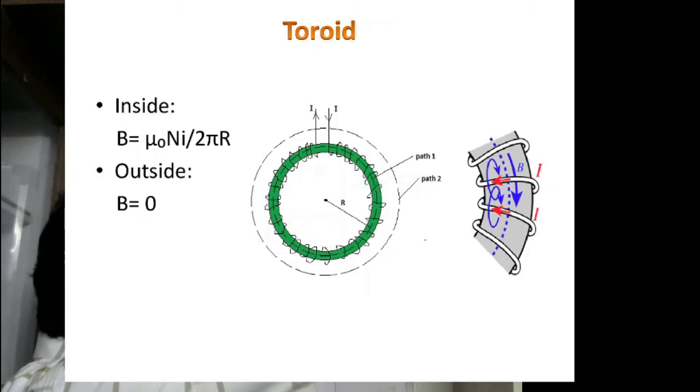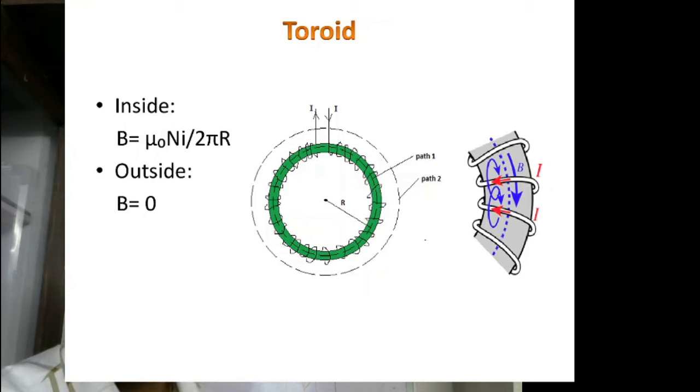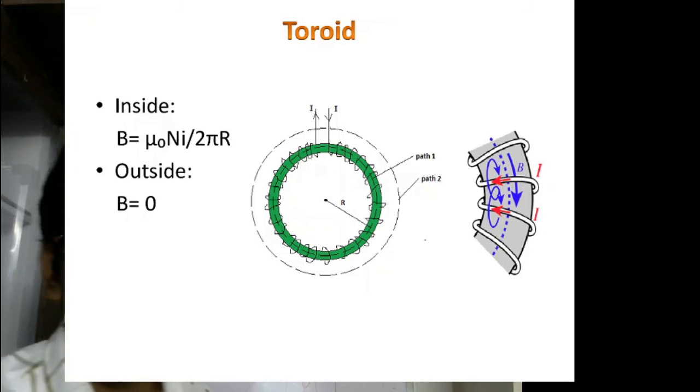Your fingers will be along the direction of the dotted line, because you are trying to calculate the magnetic field inside the toroid. Whenever you take your wire into your grip of the right hand, your field lines will be parallel to the dotted line. That's why B and dl are parallel to each other.